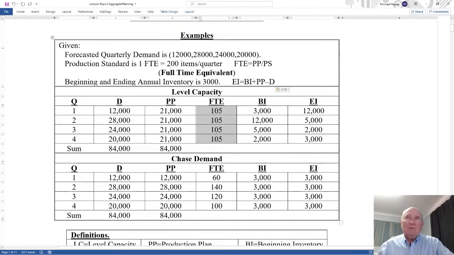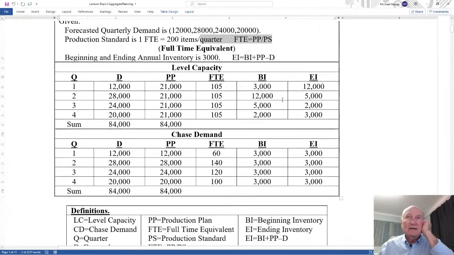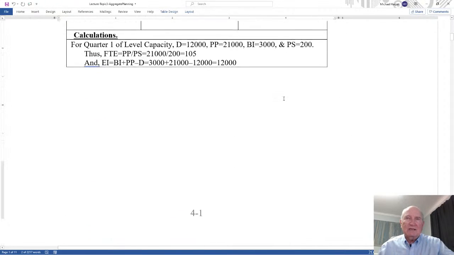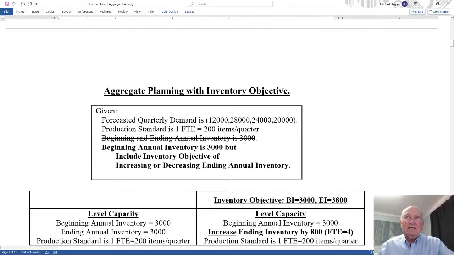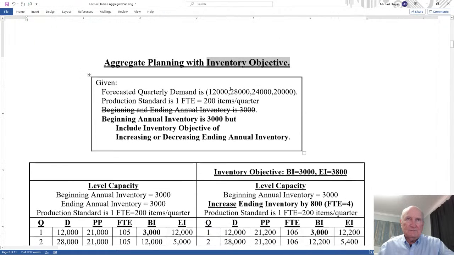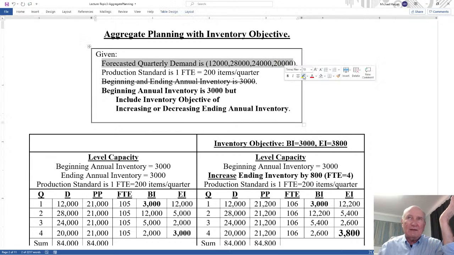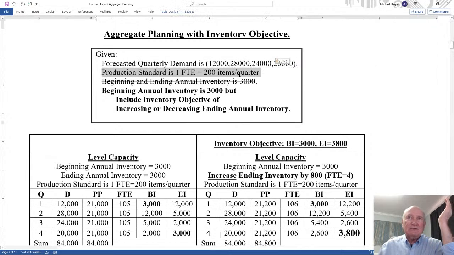Okay, so now we've seen strategies, we've seen some relationships, we've seen equilibrium equations and conservation analyses. What's next? Objective. Let me introduce an inventory objective. Okay, let's go back to the forecasted quarterly demand like we had before. That's the same. The production standard is the same, 200 items per quarter.